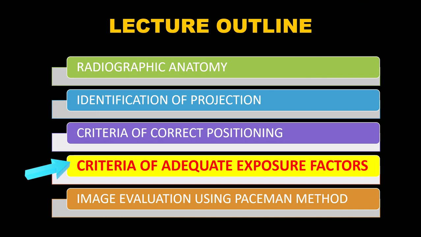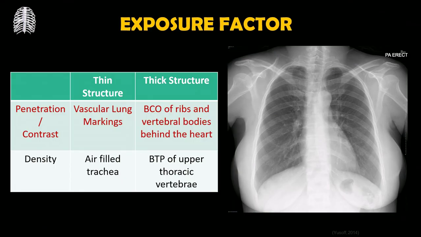Next, we will discuss the fourth part, which is evidence of adequate exposure factors. For each image, beam penetration, contrast and density should be sufficient in order to visualize structures of interest.